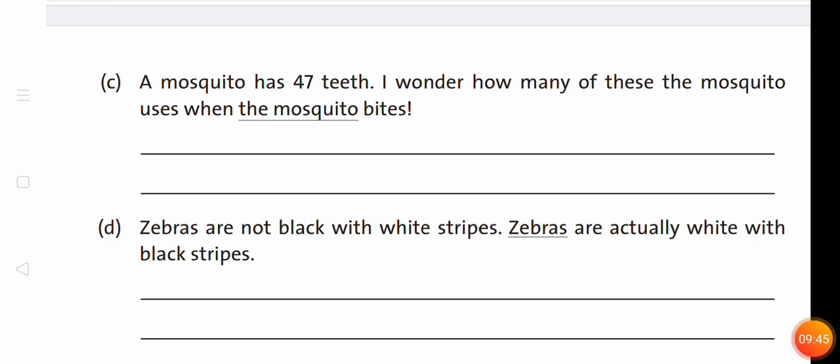Number E. Honeybees are among the most hard-working creatures. To make 1 pound of honey, the honeybees have to collect nectar from about 20 lakh flowers.